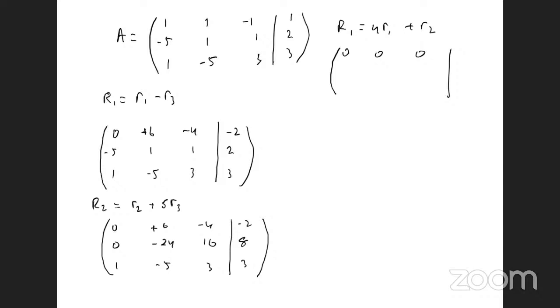Then when I add it up again, 0, 0, 0, minus 8 plus 17 is 9. Anybody get that? 0, 0, 0, 9?